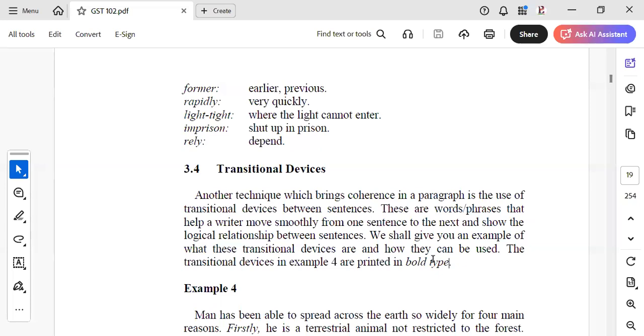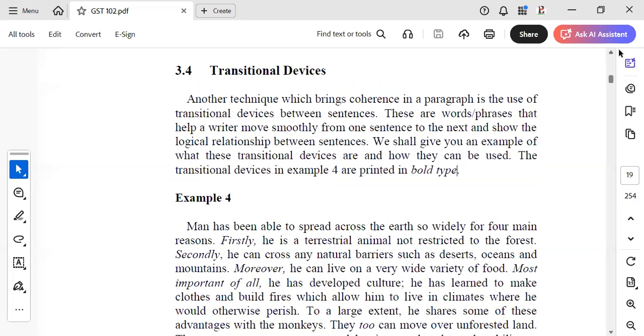Now, without looking at the material, before we get there, can you give suggestions of words we use to transit when we're writing? Do you have an idea? Let's just see the idea you have already before we move to what we have in the material. Transitional devices.